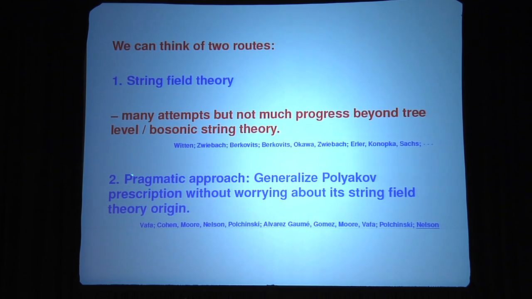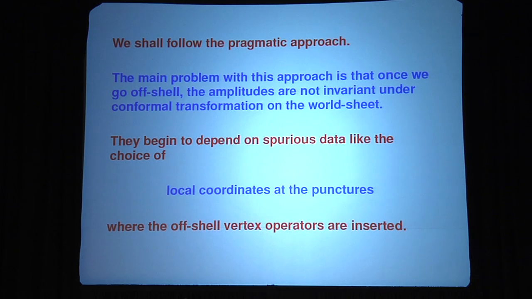The other approach is what can be called a pragmatic approach, which is to simply generalize the Polyakov prescription to off-shell external string states without worrying about its string field theory origin. And this approach, which is known as the operator approach, again was explored by many authors in the 80s. So we will follow this pragmatic approach.